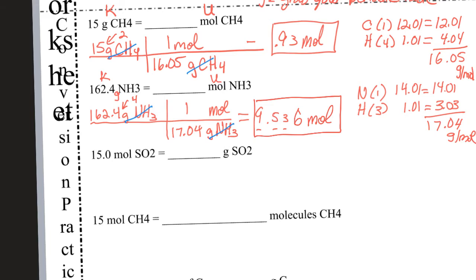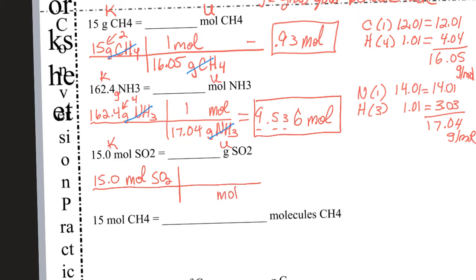Next one, now we're going from moles, which is our known, to grams, which is our unknown. Same procedure over and over and over. 15.0 moles of SO2. If I have moles of SO2 on the top, I need moles of SO2 on the bottom.